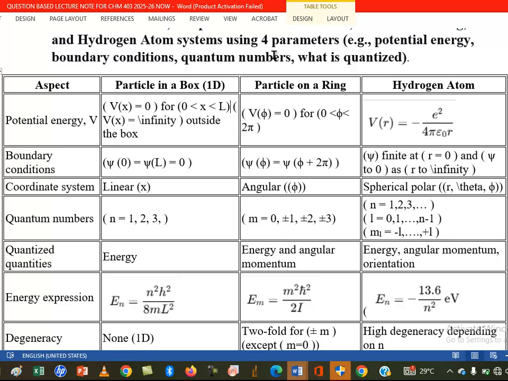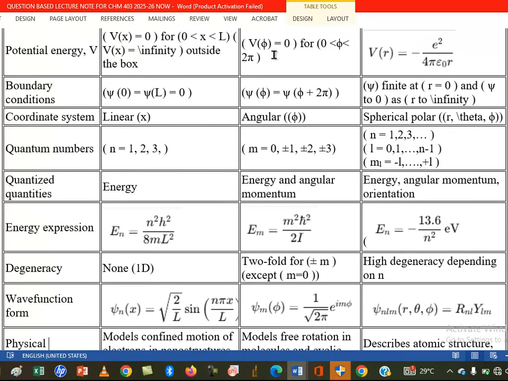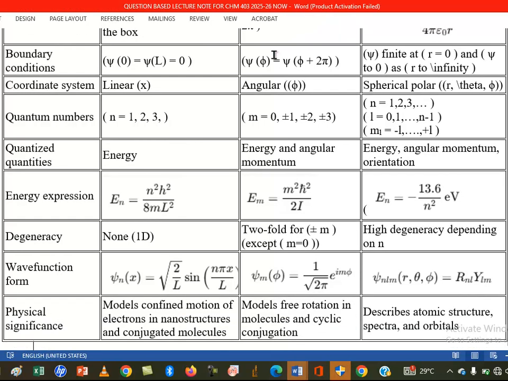So you have it there: potential energy, boundary conditions, coordinate system, quantum numbers, quantized quantities, energy expressions, the different energy expressions, then degeneracy, wave function form, physical significance.